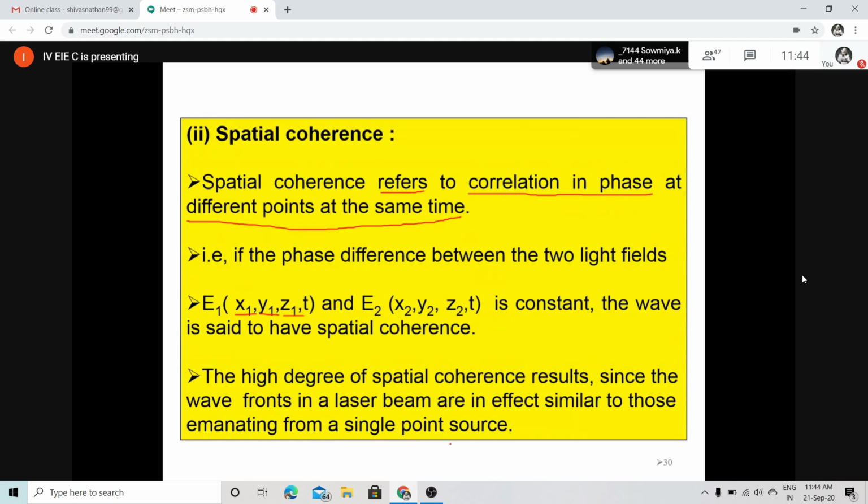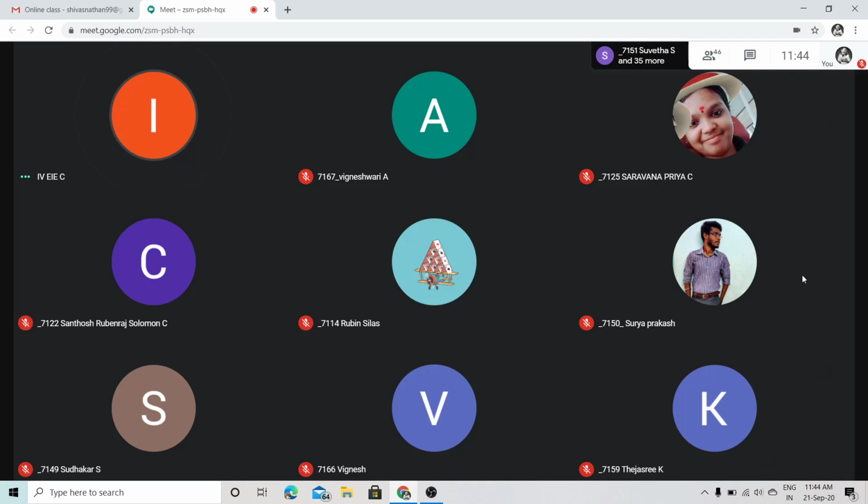Clear? So if that wave comparison has been made, and I find correlation in phase, we call that spatially coherent. Okay, so that is what you need to understand. I will show you a diagram now, so that might explain it in detail.